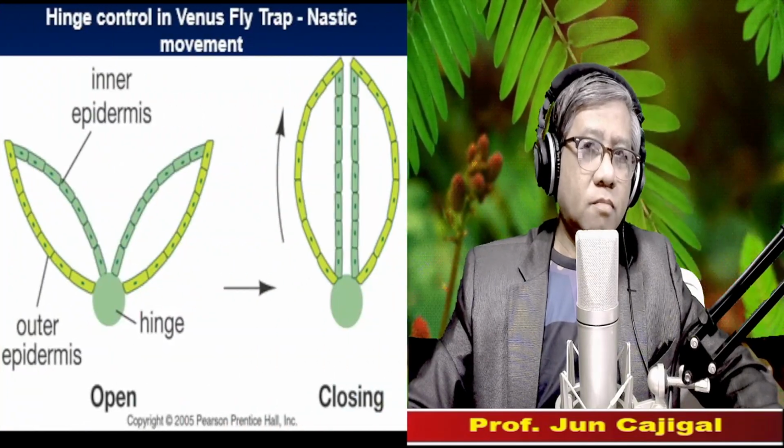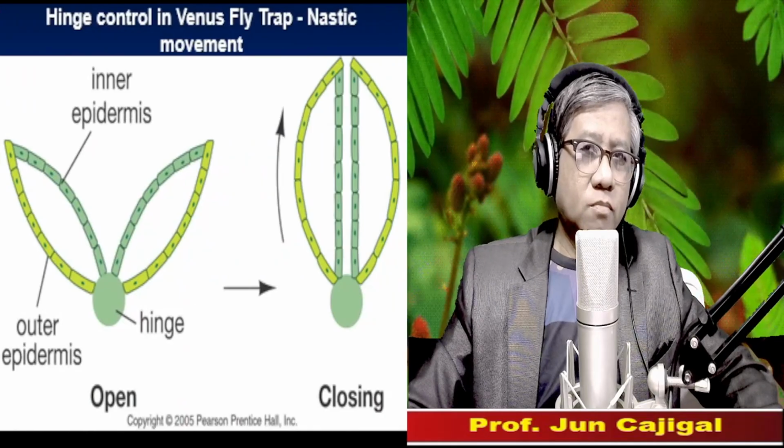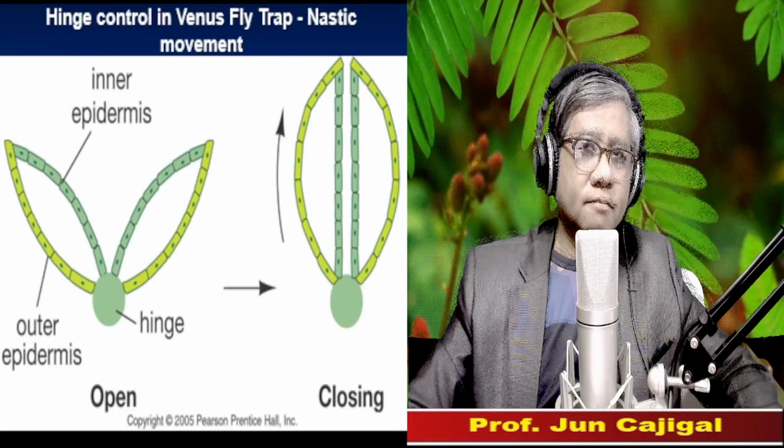So once an animal gets inside the Venus flytrap, the Venus flytrap responds quickly by closing its leaves. So isn't that fascinating indeed? Again, the explanation of this opening and closure is pretty much the same as Mimosa pudica.